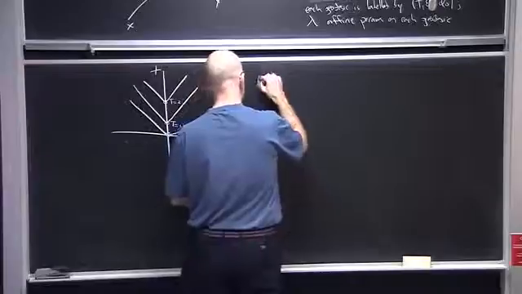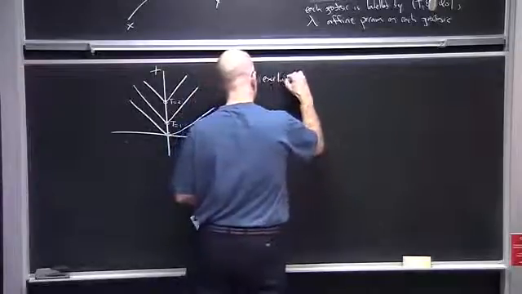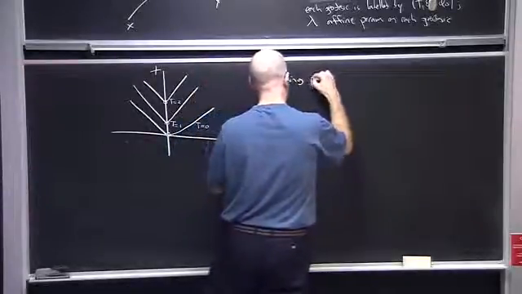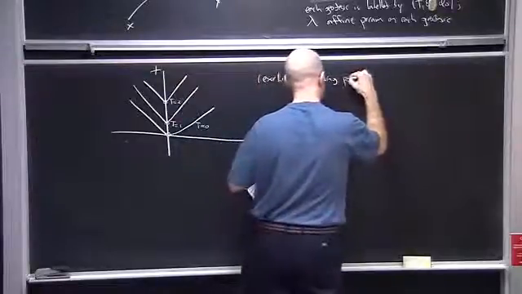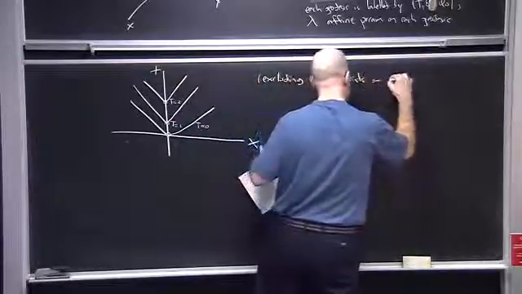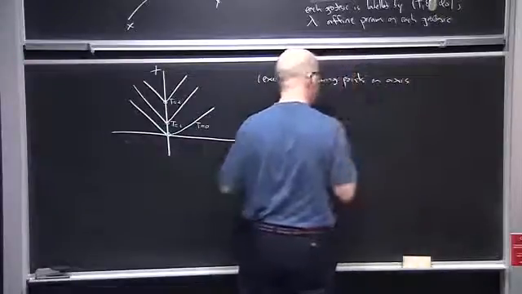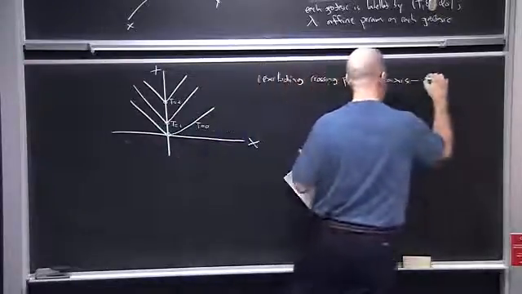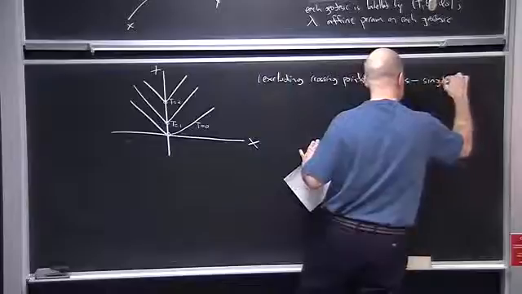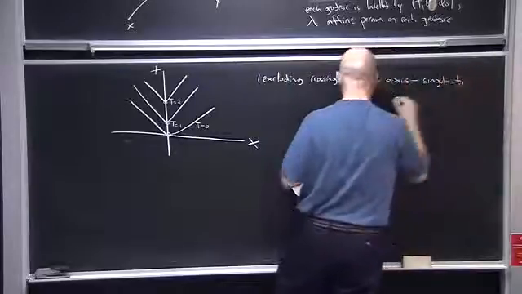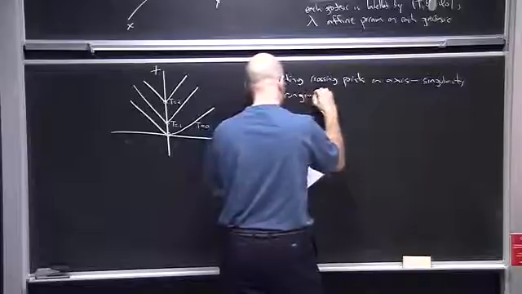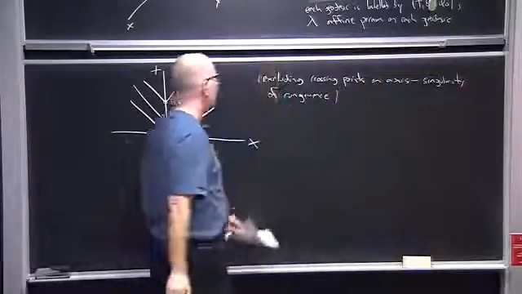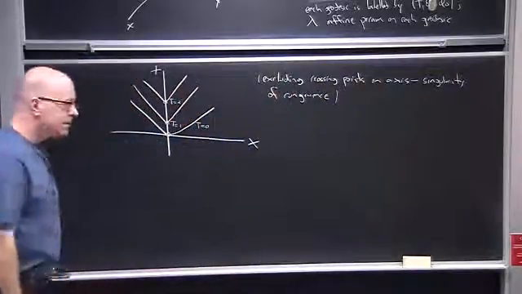So we're excluding the crossing points on the axis, which is a singularity of the congruence. Okay, so that's the system I want to study.